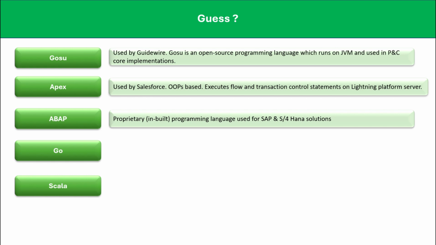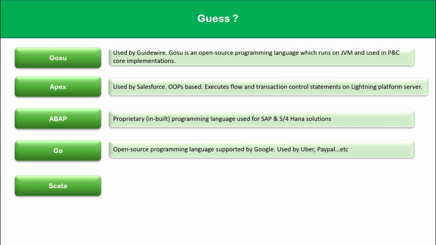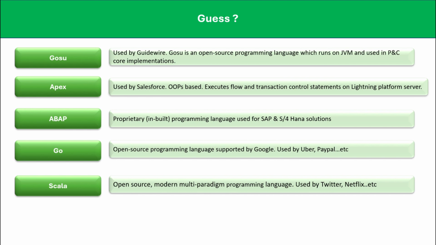Next is Golang. It's again an open source programming language. Some of the popular vendors using Golang are Uber, PayPal. The other one is Scala. Scala is a quite popular programming language, and it has a large user base as well.